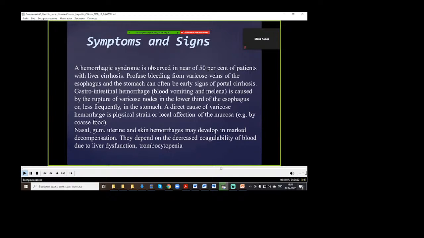Hypersplenism means increased function of the spleen. You know that the spleen plays a role in the destruction of blood cells, including thrombocytes. So thrombocytopenia is caused by the increased destructive function of the spleen.